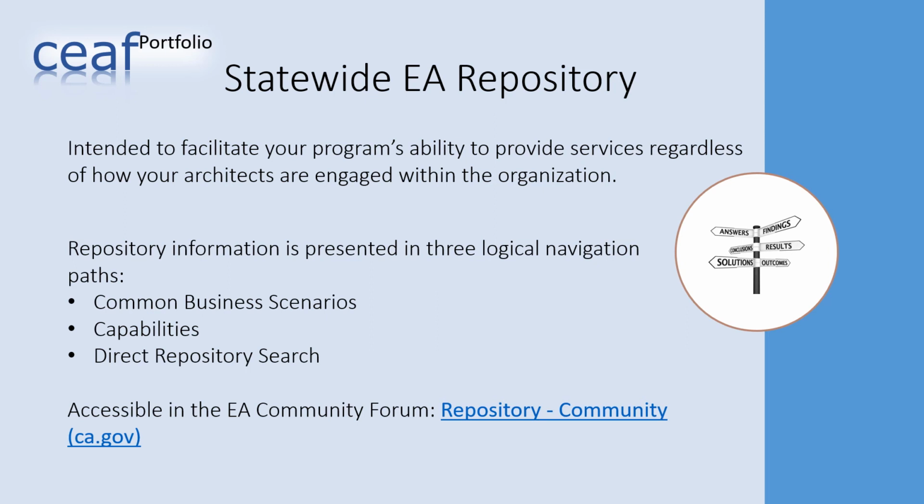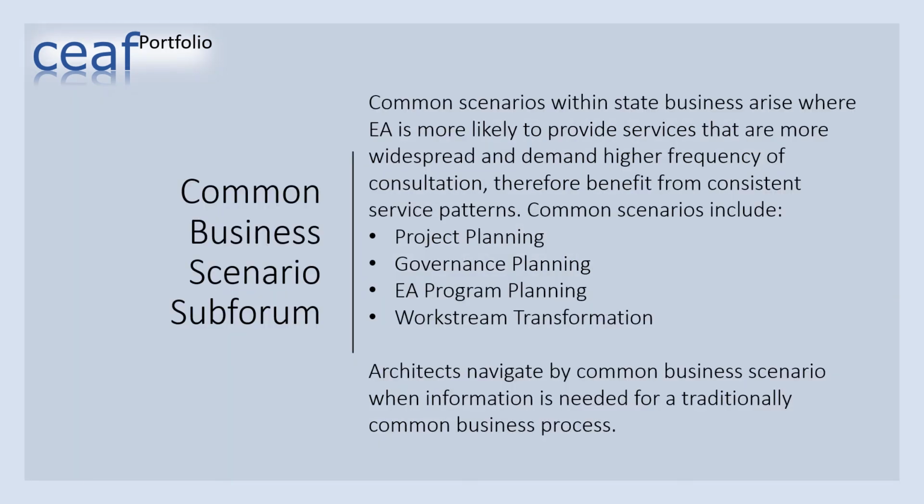The second is through the identified 5 core capabilities, and the third is through direct access searches in the EA repository. Access to the repository can be obtained through the Office of Enterprise Architecture webpage on the California Department of Technology website. Common business scenarios provide information that is organized to align with common state-level scenarios.